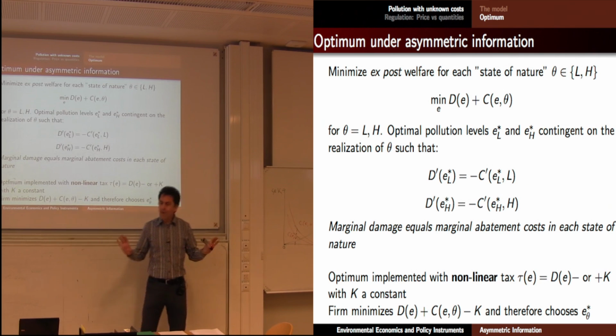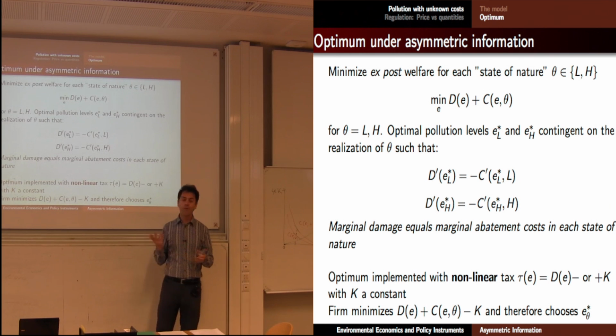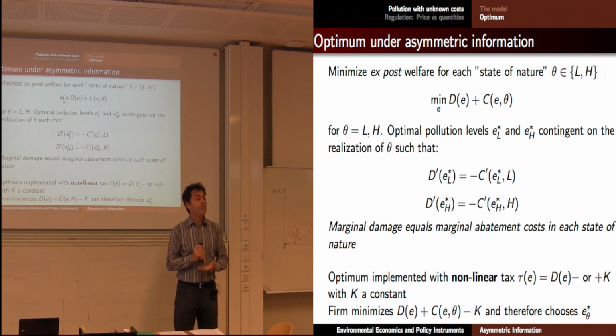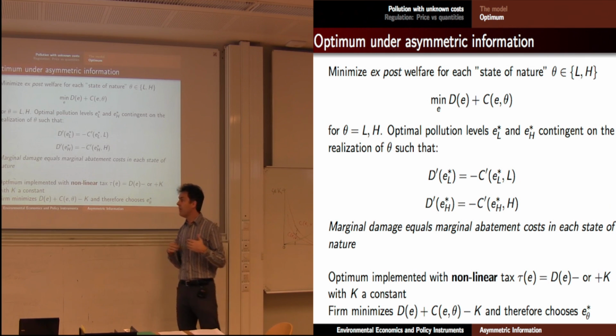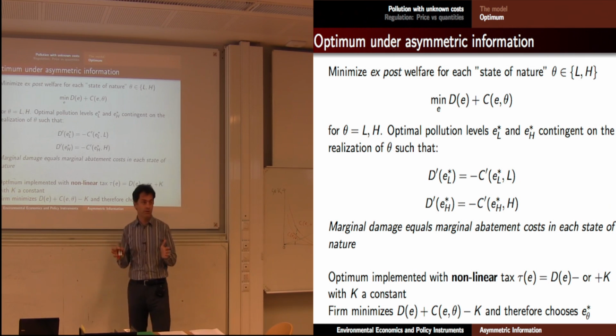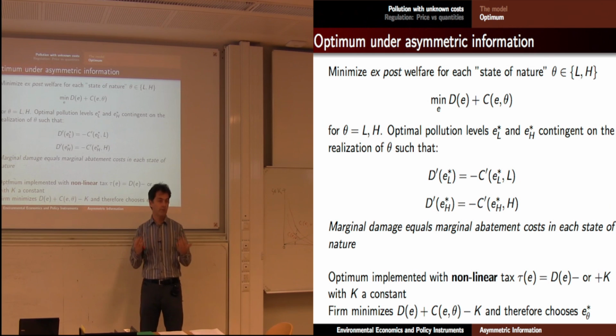In this framework, the first thing I do, as usual in economics, is to compute the first best. What will be the efficient level of emissions in this framework? Here the first best means that we are in full information. The regulator knows the level of the cost.